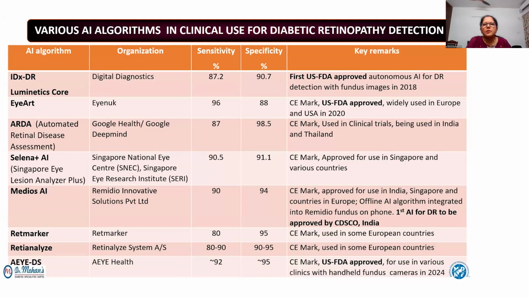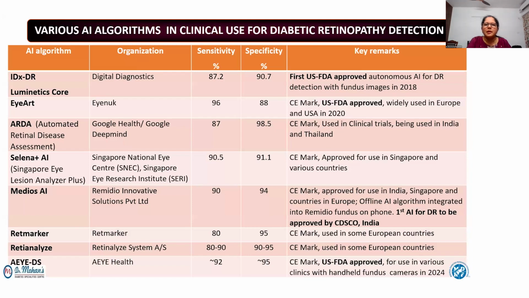The first one to get US FDA approval was the IDx, which is now called LumineticsCore. It got the US FDA approval in 2018, and it has a very high sensitivity and specificity to detect more than mild NPDR. The IART software that we use is also US FDA approved now, since 2020, and it is also being used in primary healthcare centers.